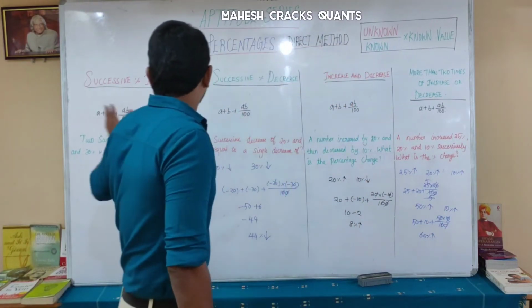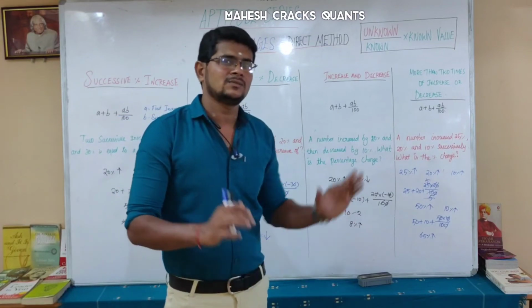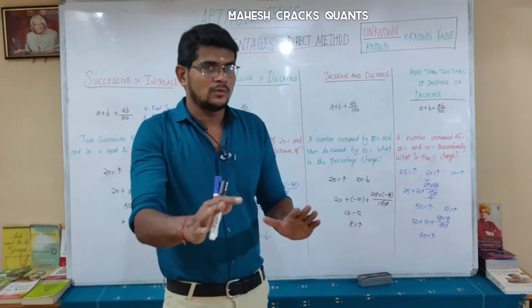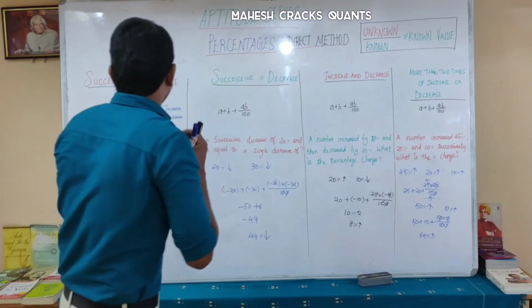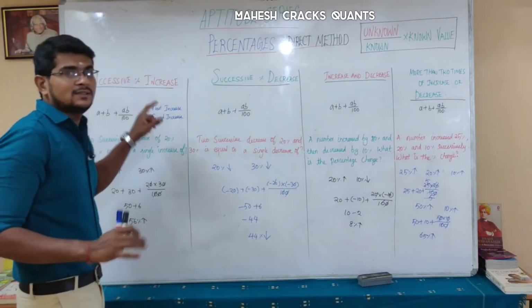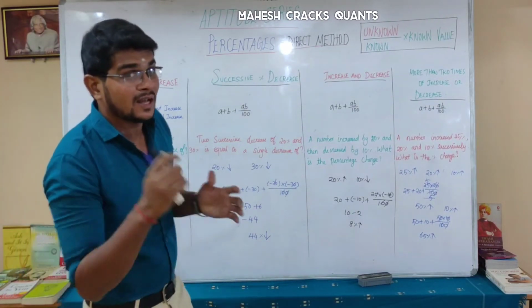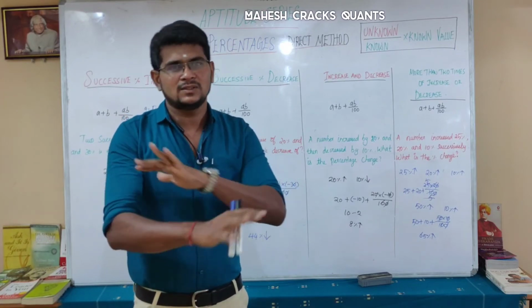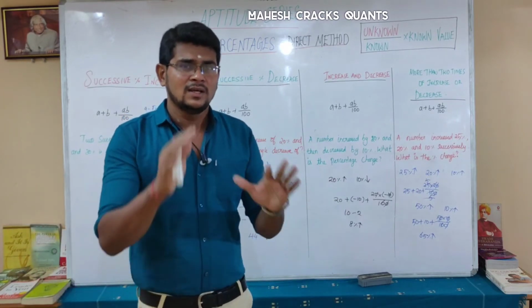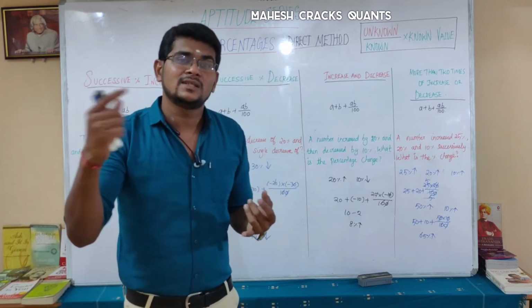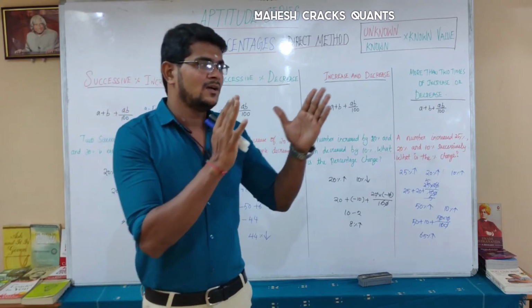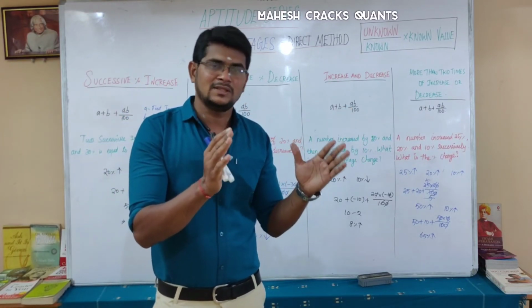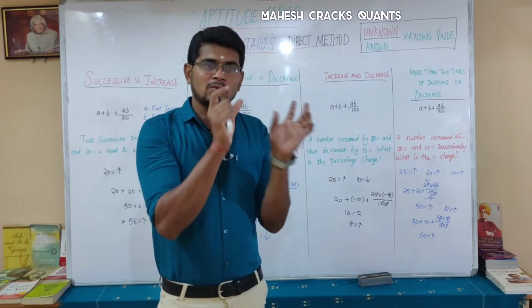When you come to successive increase, there is one more thing you need to know. Successive increase is nothing but compound interest. If you already know compound interest with the traditional formulas, then you will know. For example, the first year there is 10% interest, so 100 will become 110.